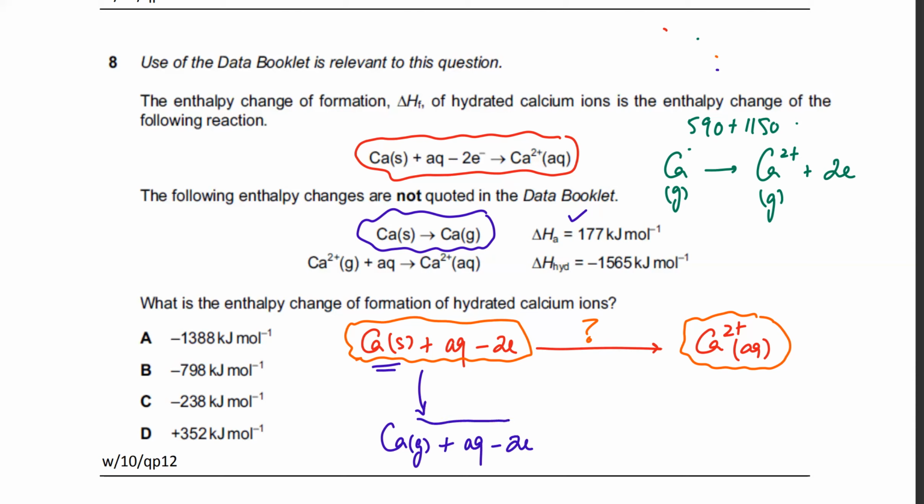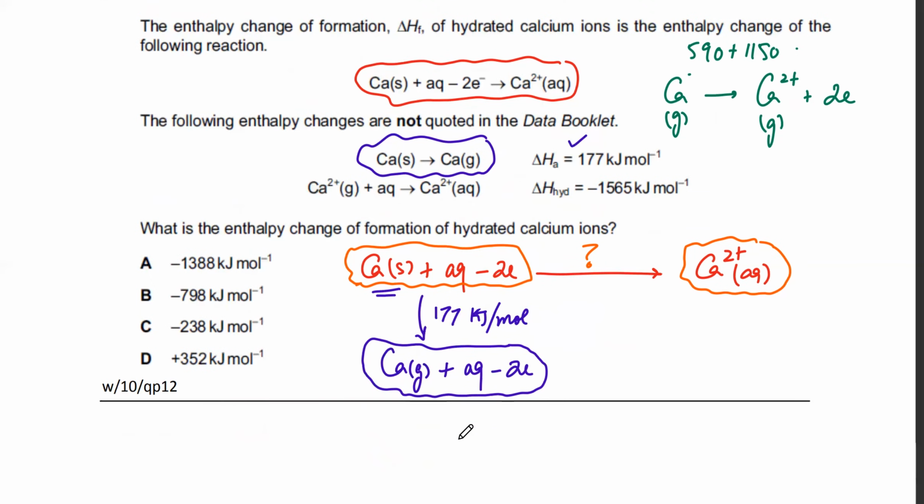The only thing I've done is change calcium solid to calcium gas, and the energy required for that is 177 kilojoules per mole. So that is one small step. Remember, I have to reach this other point. So the first thing is calcium solid turning into gas.